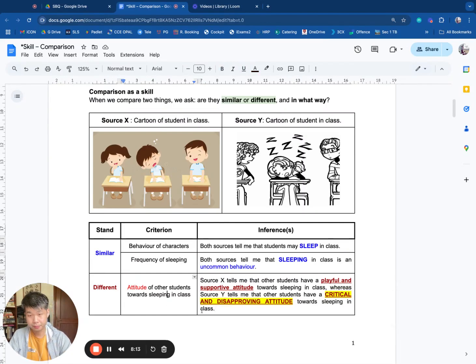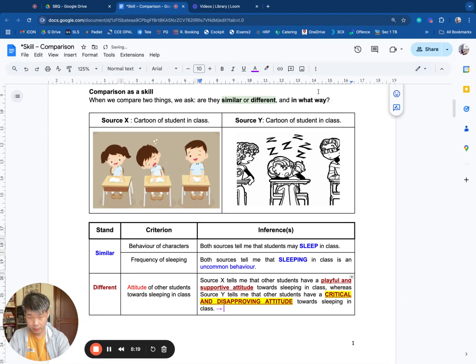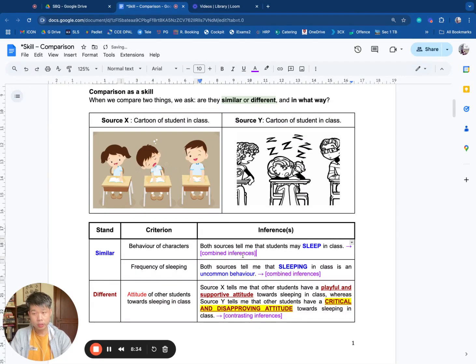So you can note perhaps here that these are contrasting inferences. And here, these are combined inferences. And that is an important structure that we need to take note of.